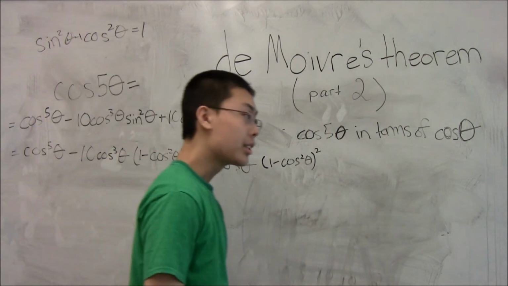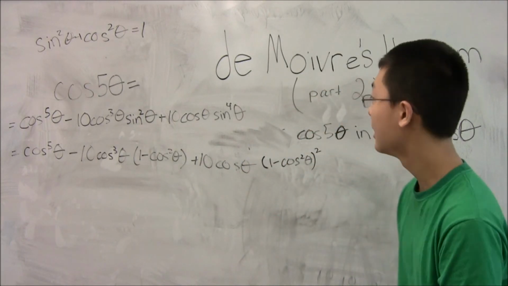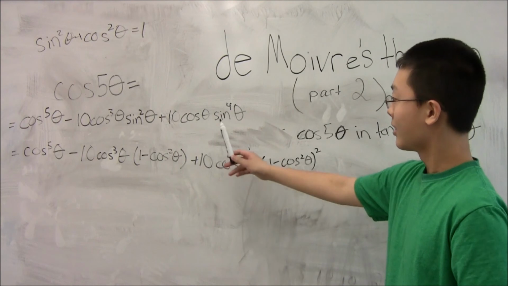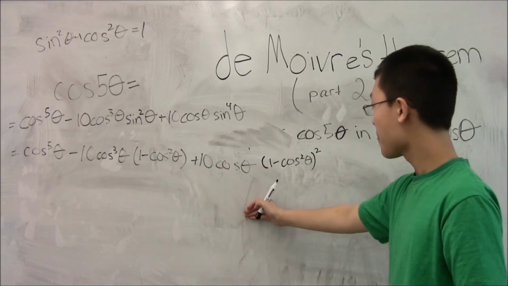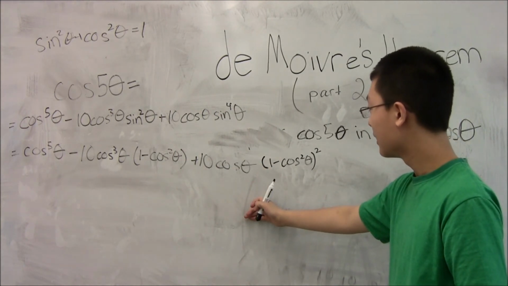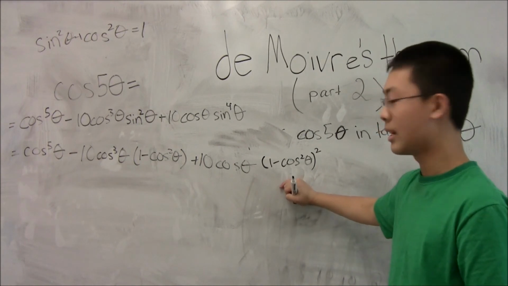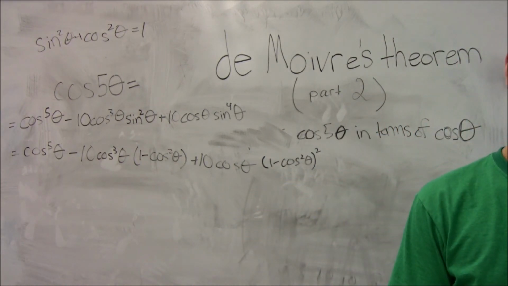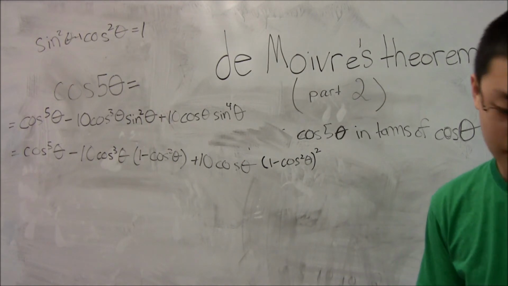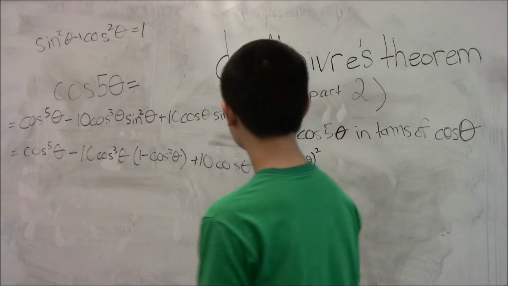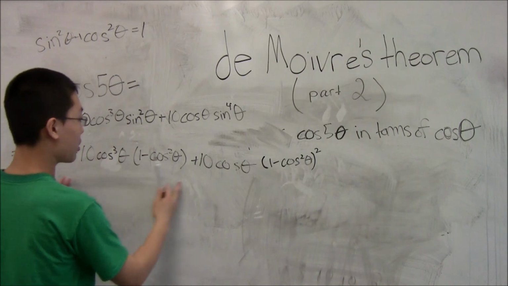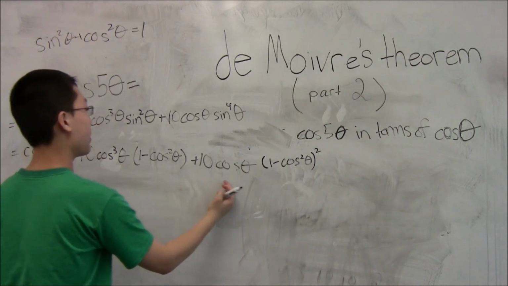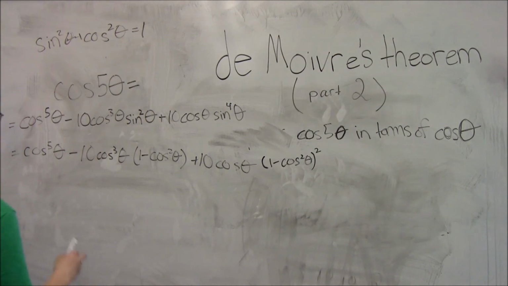So that is cosine of 5 theta, and I am exhausted, yes. Cosine of 5 theta, and we now have to worry about that. Well, after expanding this whole thing, I'm not going to take you through all of the painful expansion here.